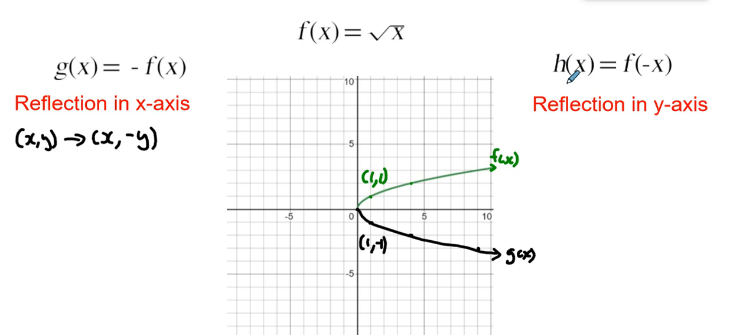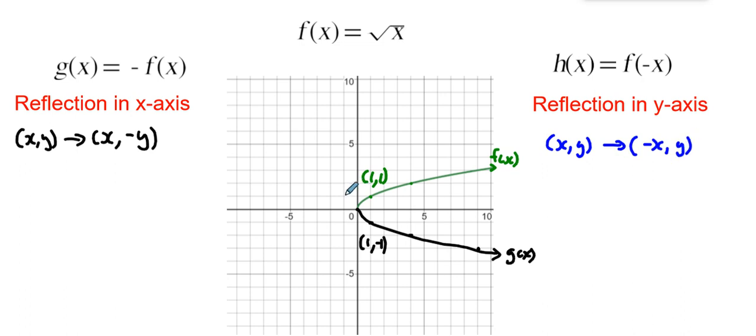For the other piece, this h of x, here we see that the negative is inside with the x, and that will reflect in the y-axis. What that does for us is it takes our original (x, y) coordinates and maps them to (negative x, y).